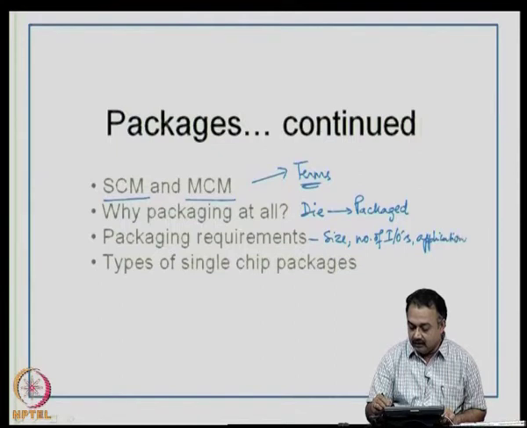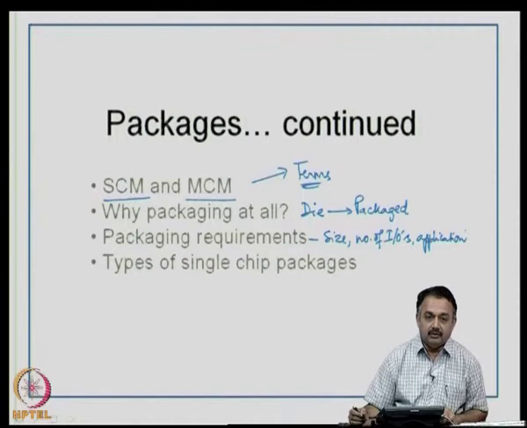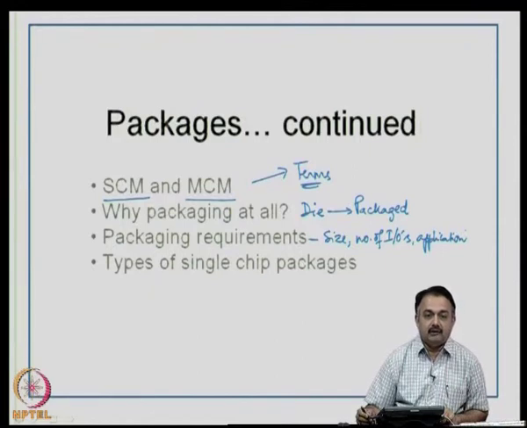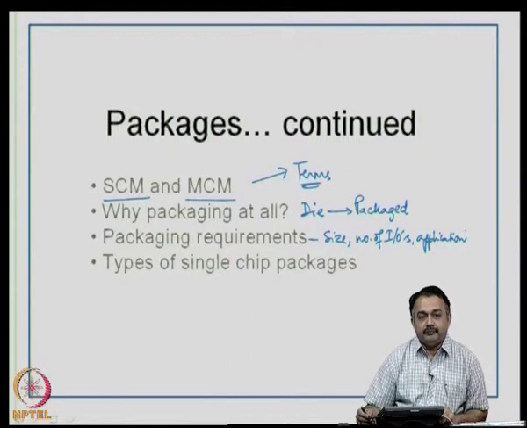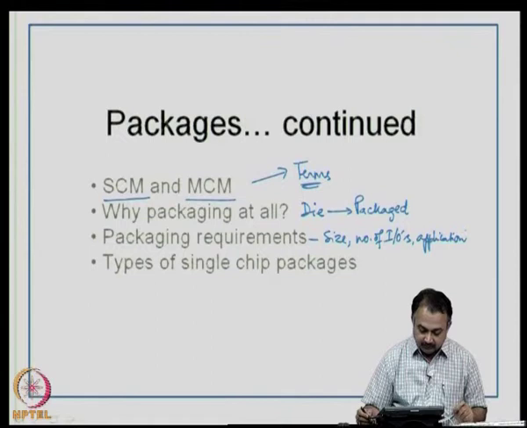Accordingly you can have different materials used to package the die. It can be a plastic package, it can be a ceramic package, and therefore, the cost and economic factors also play a part when you do the packaging of these tested known good dies.